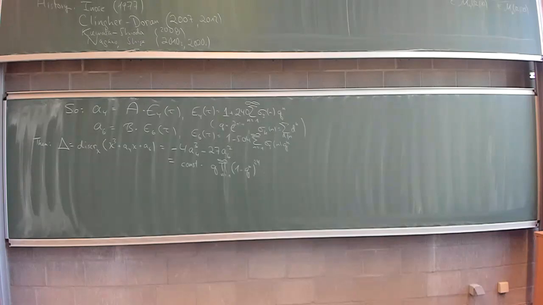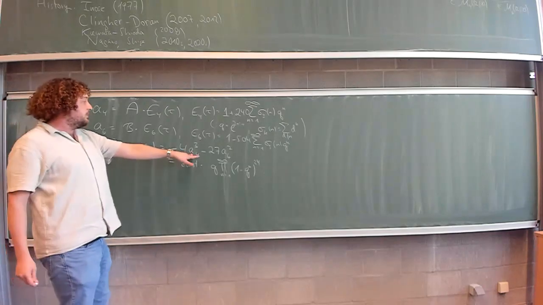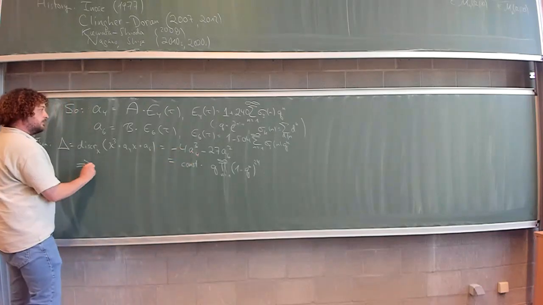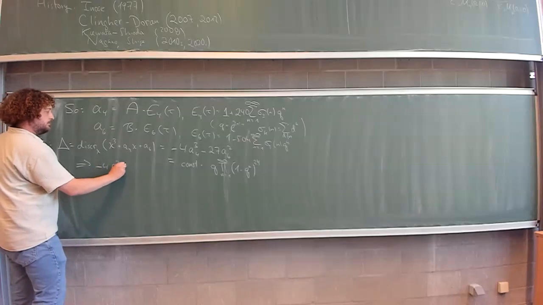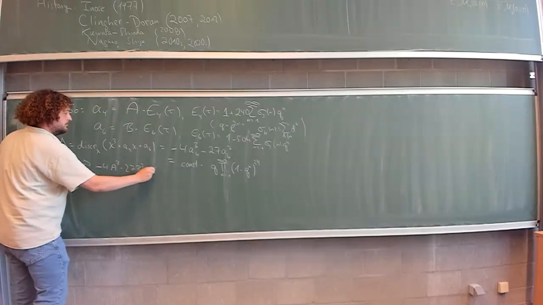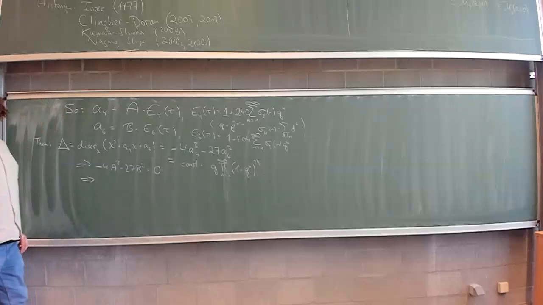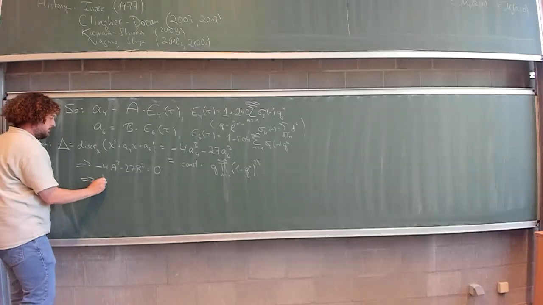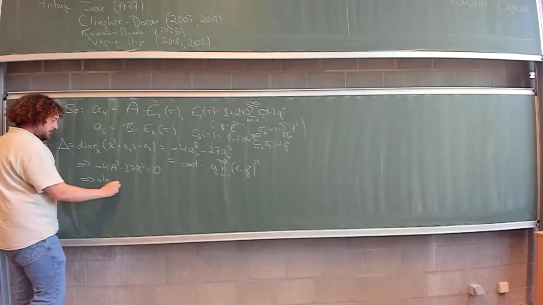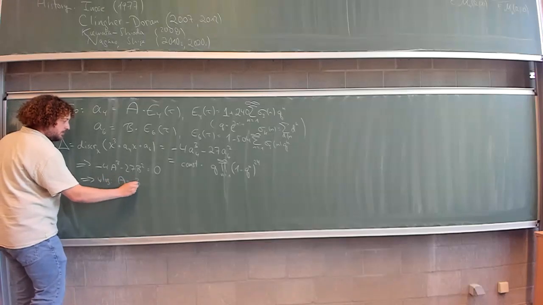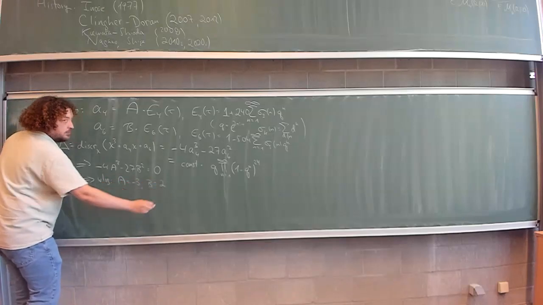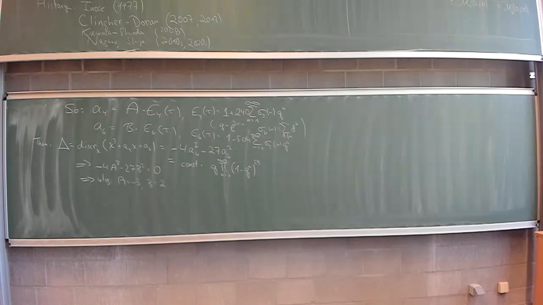In particular, the constant term of this thing has to be 0. And so, without loss of generality, the easiest way to solve this is by taking A equals -3 and B equals 2. And that's our answer in this case.